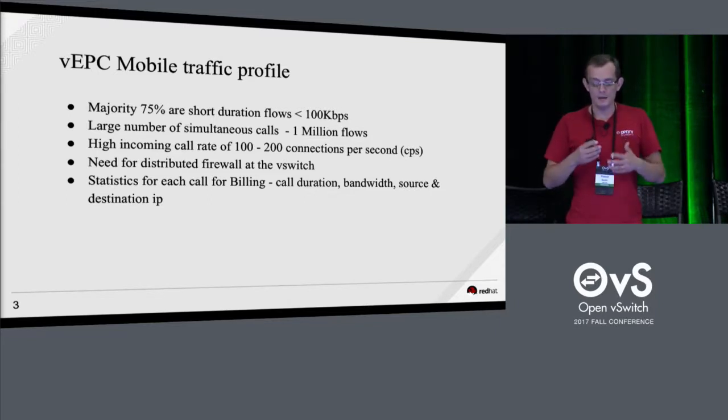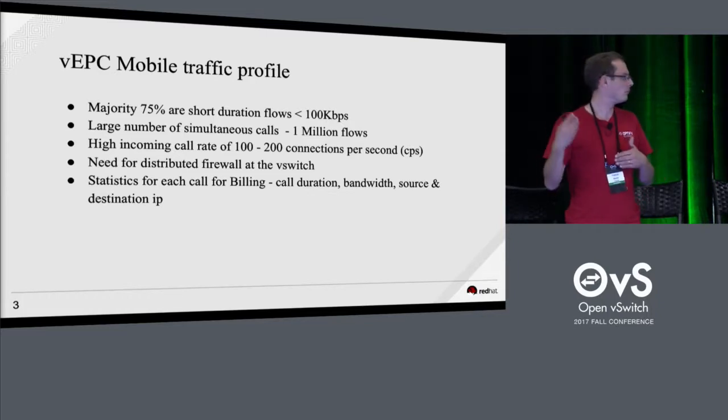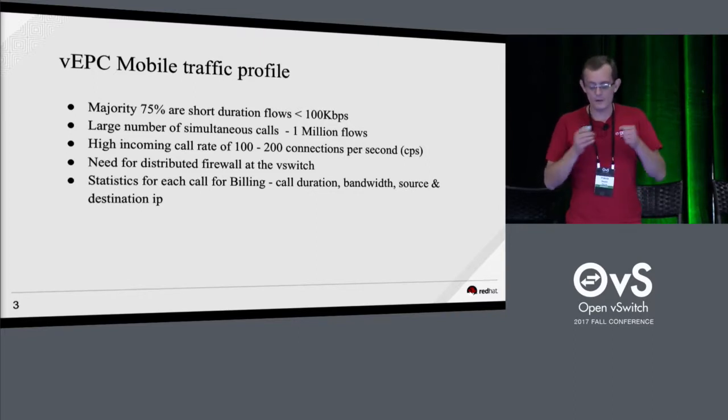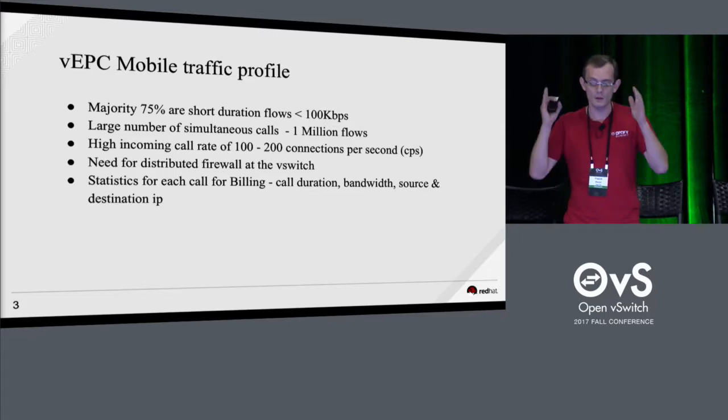You have a high incoming call rate, between 100 to 200 connections per second per user, I believe, because we have way more. This puts pressure on a vSwitch deployed with conntrack enabled to track all of these connections. That's the challenge with mobile, because here we have a lot of churn in your conntrack table.